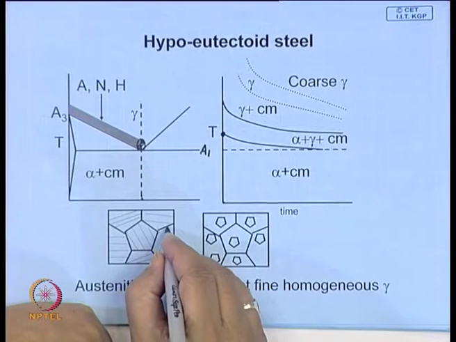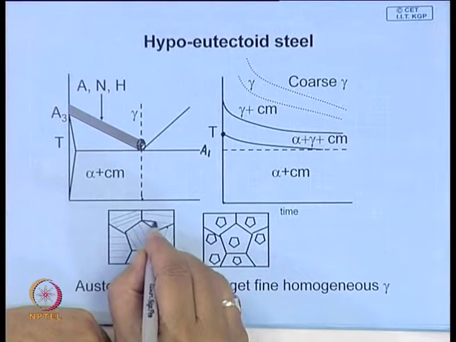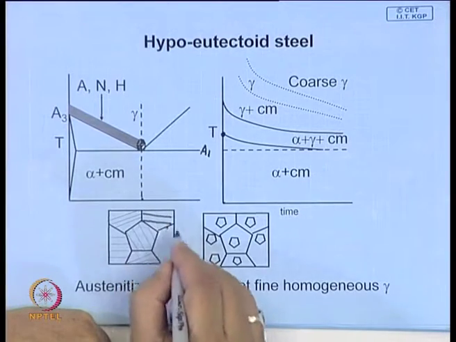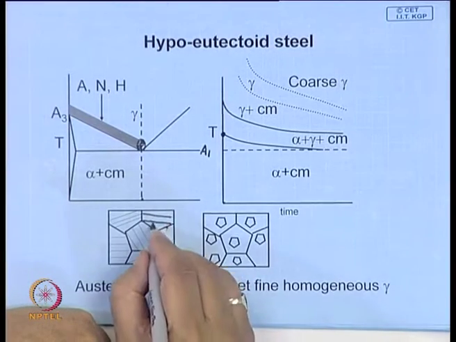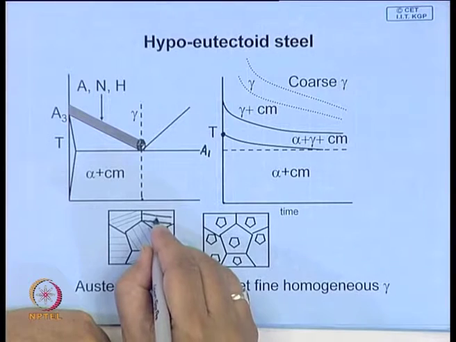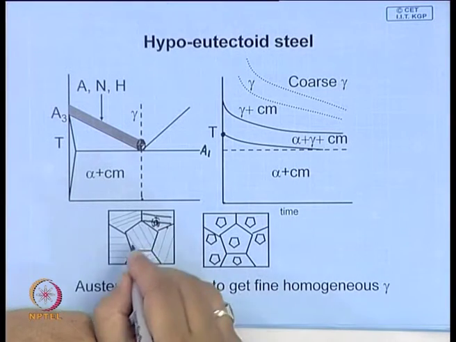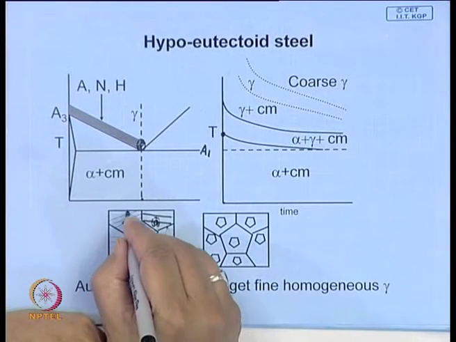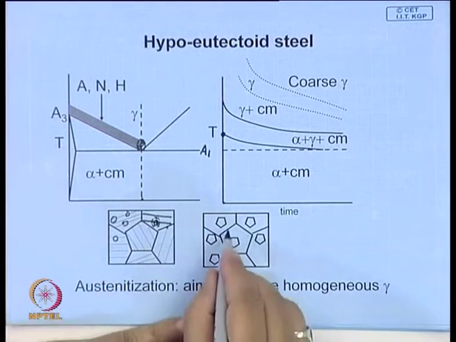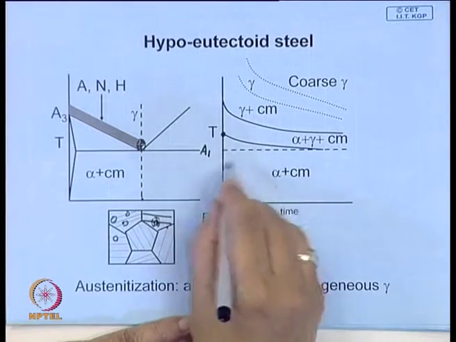What will happen is, if you have pearlite made up of, let us say, these cementite plates in a ferritic matrix, a nucleus of austenite will certainly develop over here, and this will try and grow. Similarly, it will develop at several places, and they will try to grow, something like this. So, this is time dependent.